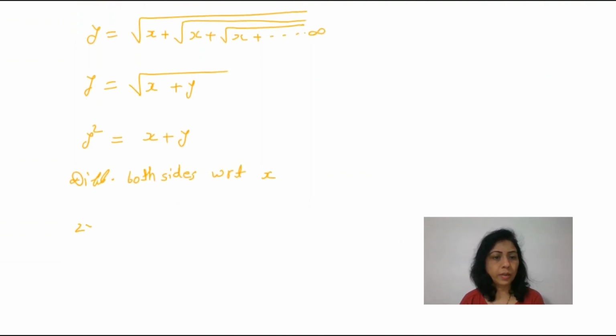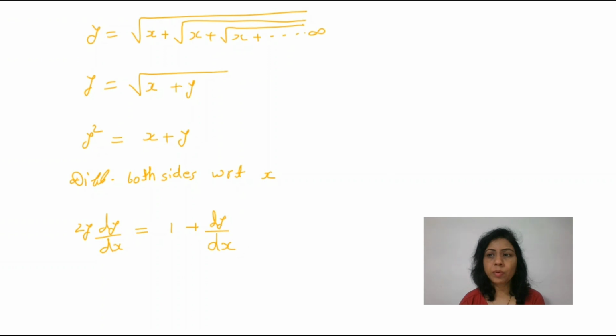Now we can differentiate both sides with respect to x. So 2y dy upon dx, since the derivative of y square is 2y, and the derivative of x is 1. Here when we differentiate y with respect to x, we get dy upon dx.